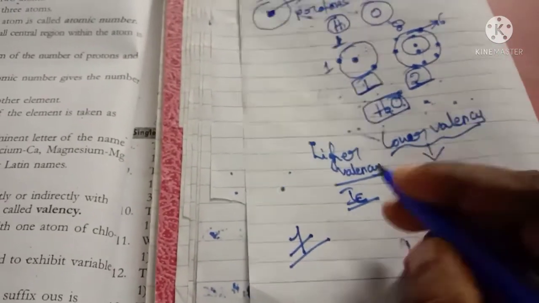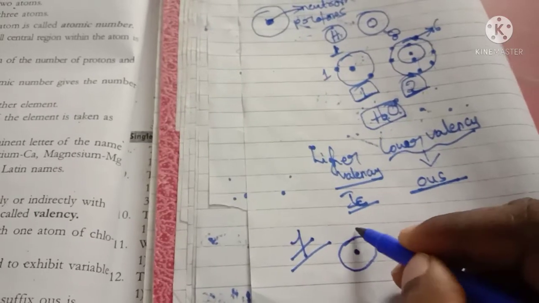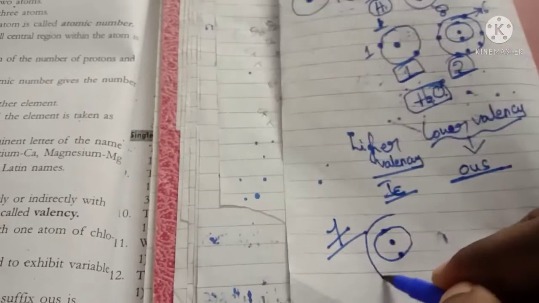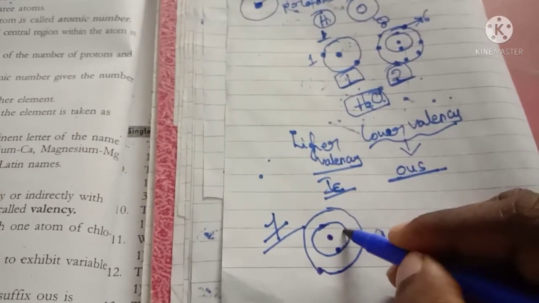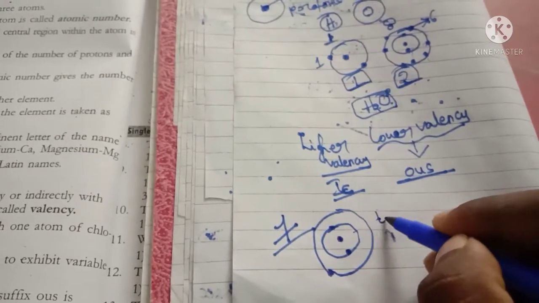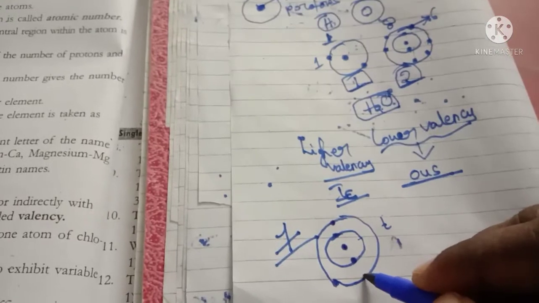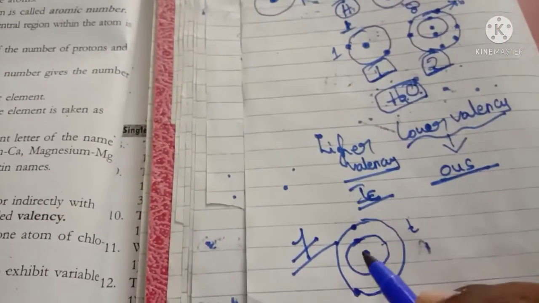Now see here, this is the nucleus, first shell, 2 electrons you have to represent in the first shell. Next, second shell, this is K shell, this is L shell. In L shell you will have 8 electrons, 2, 8, 8, 18, like that it will be there.